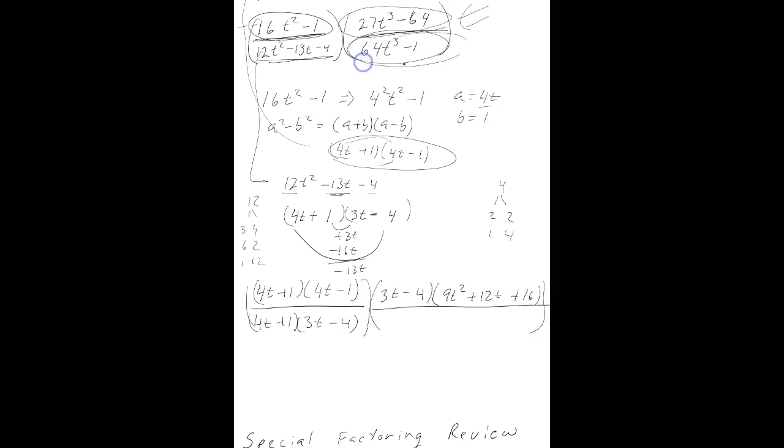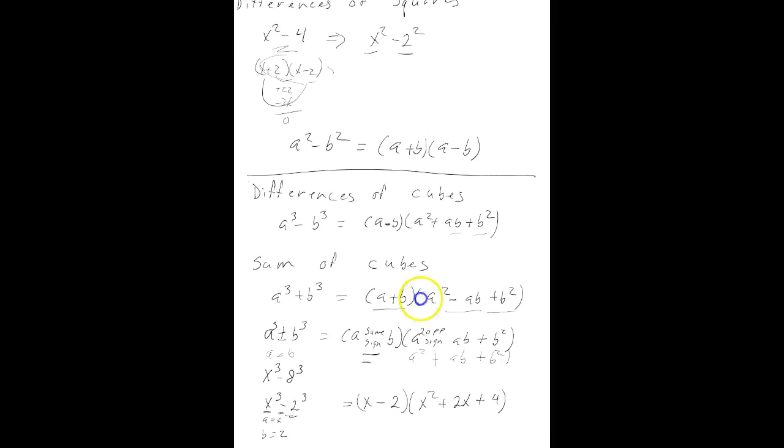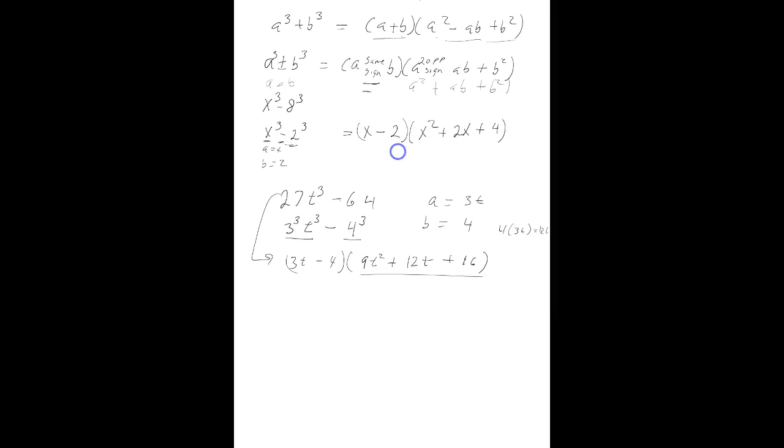And then if we look at this, that's a difference of cubes again. So it's the difference of cubes, 64t cubed minus 1. Let's bring it down to the bottom and we'll work on it down here again. Just keep things a little straight here. So we have 64t cubed minus 1.